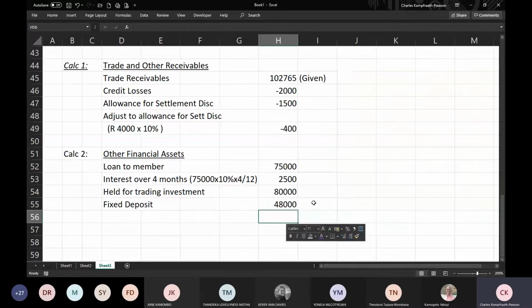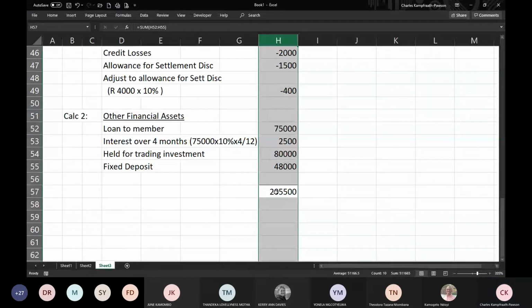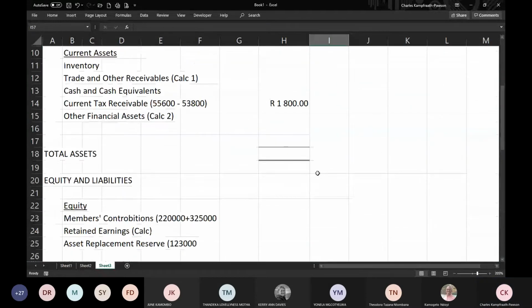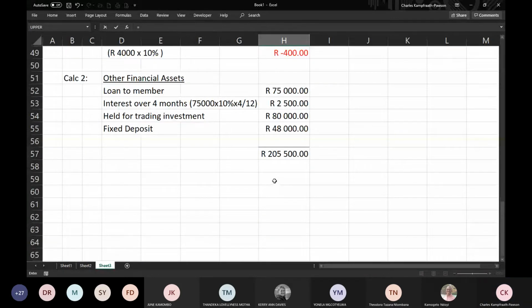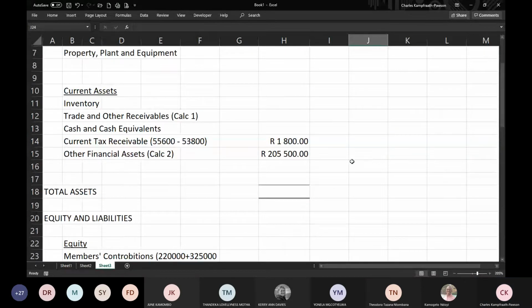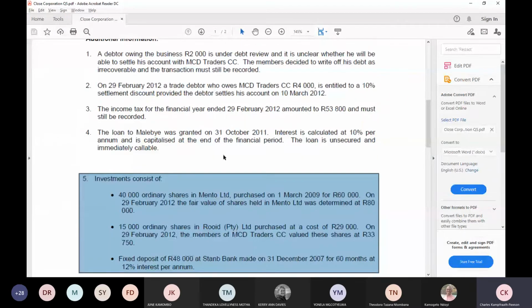I think I'm happy. So 205,000. So other financial assets, calculation 2, 205,500. Okay. That's investments, and I think we've dealt with the other items.